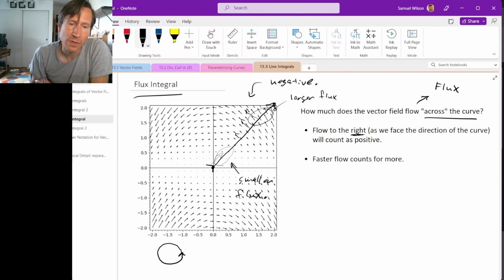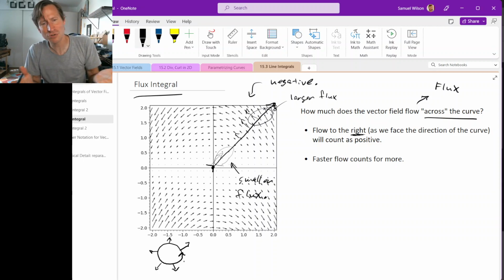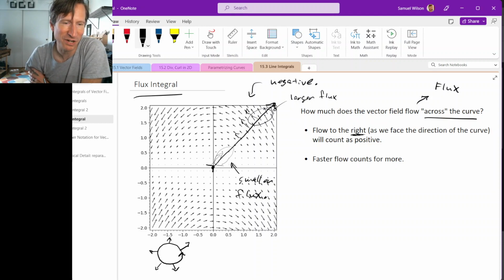In this situation, we will want to measure the flux of the vector field flowing out of the region and not into it. At least that's the choice that we made when we measured divergence. Positive divergence is flow out, so we ought to stick to that when we talk about flux.